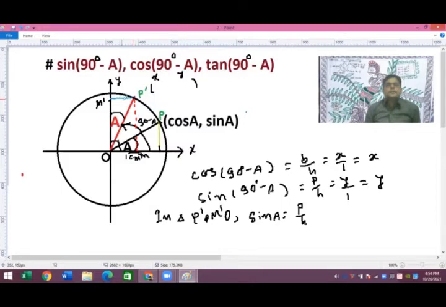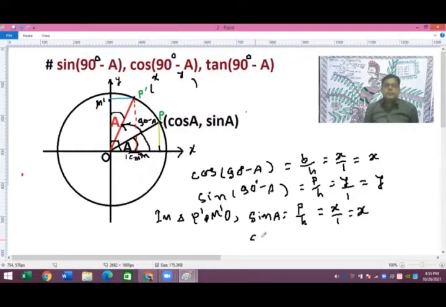That means M dash P dash is definitely the x coordinate for the point P dash. So here the perpendicular is x. In this case this x and this x are the same, but they have been interpreted in different ways, and so the x coordinate, by taking the reference of triangle P dash M dash O, is sine A.